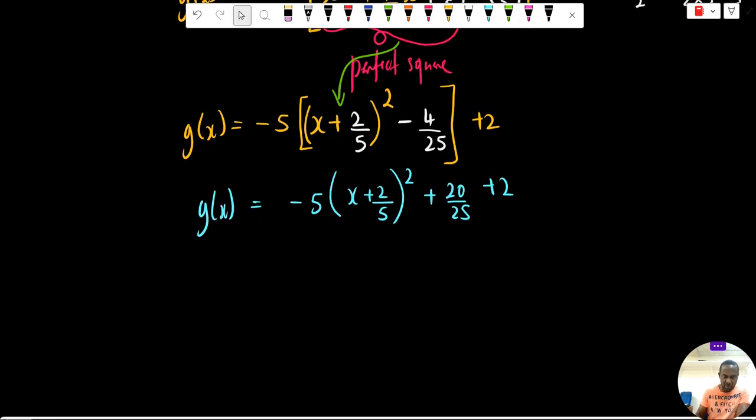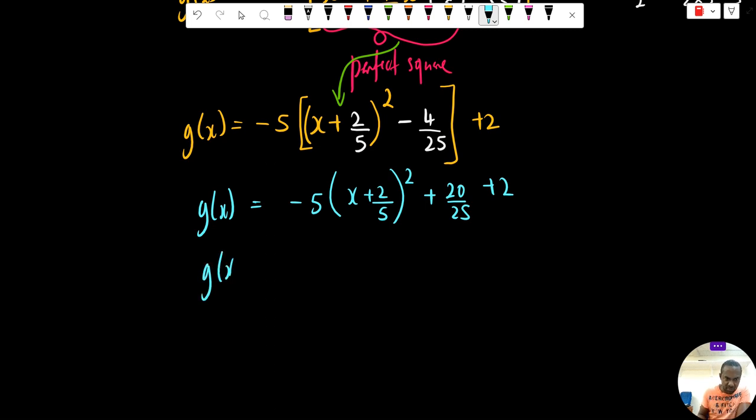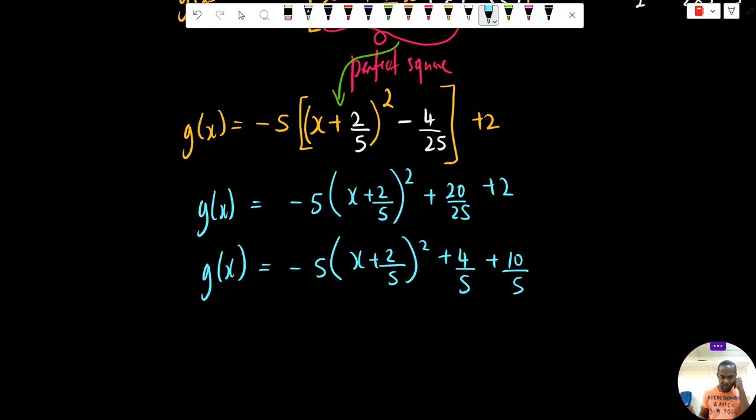And we proceed, right? And so what this gives us is that g of x equals minus 5 times x plus 2 over 5 squared. And this 20 over 25, we can simplify that. 20 over 25, that's the same thing as 4 over 5. So plus 4 over 5. And then the 2 as a fraction will be plus 10 over 5.